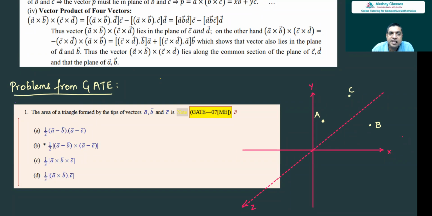Now, these vectors I draw from the origin: A bar, B bar, and C bar.